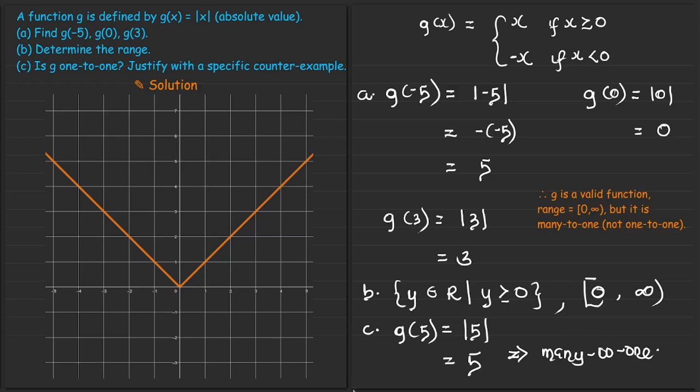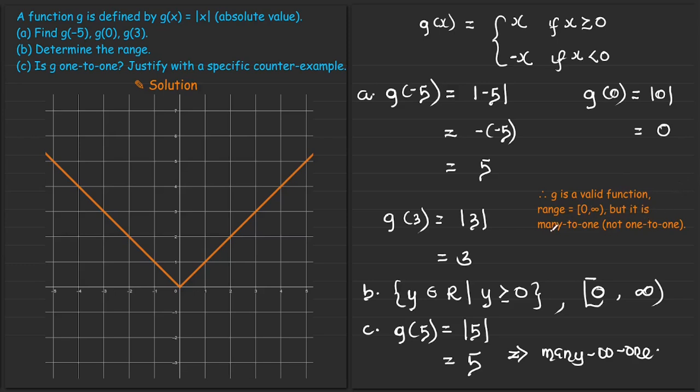So in all, we are going to conclude by saying g is a valid function, and it has a range from 0 inclusive to infinity.